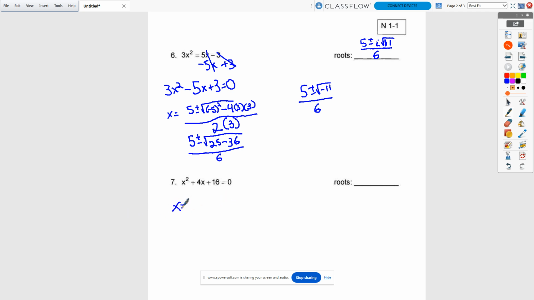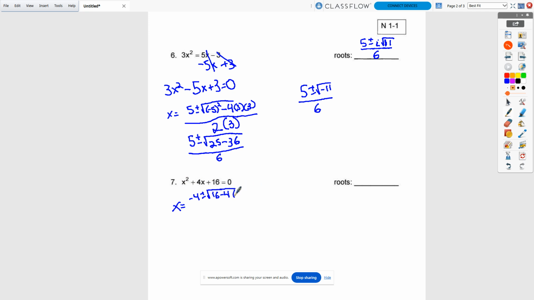x equals negative b, which would be a negative 4, plus or minus the square root of b squared. So I'm going to go ahead and square that. 4 squared gives me 16, minus 4, and then times 1 times 16.